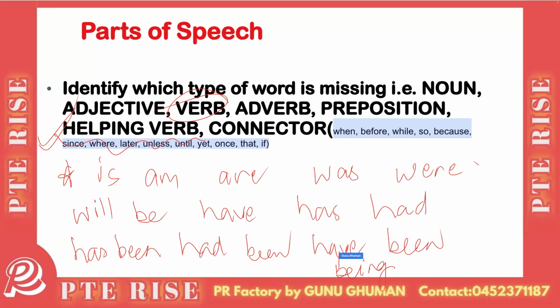They are all helping verbs. Okay. Every helping verb has its own use. Now let's understand which helping verb will go with singular noun. Singular. Spelling galat hai na? Singular. Okay, singular means what? Single. Single means one.